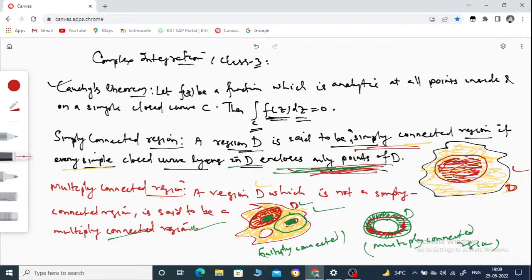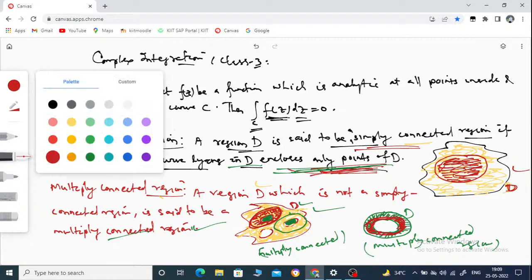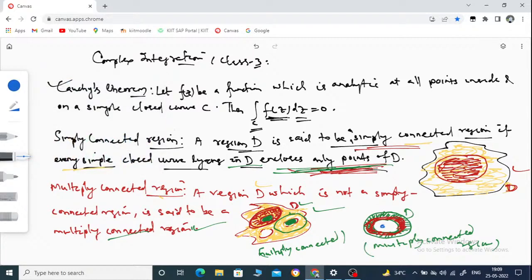This includes these points, but this closed curve includes this point which is not in D. Since this closed curve contains some points which are not in D, that is multiply connected. That was my definition. Okay.